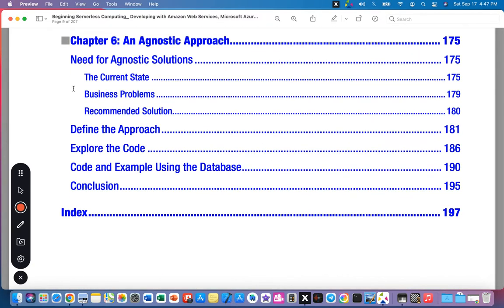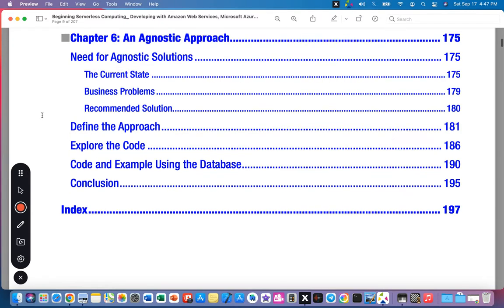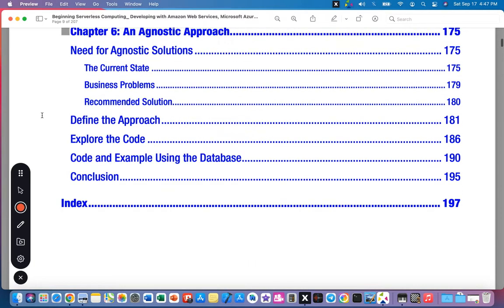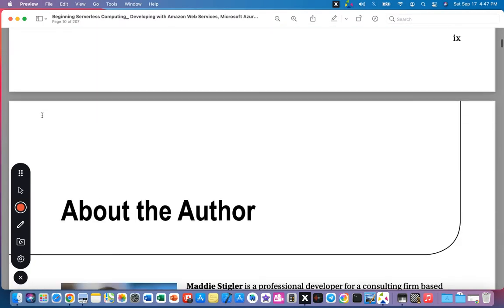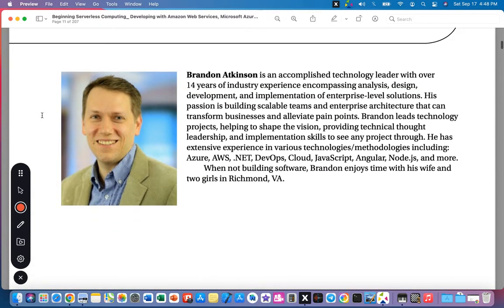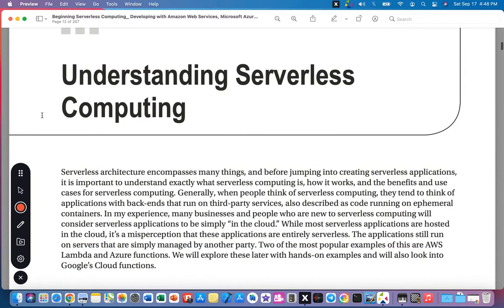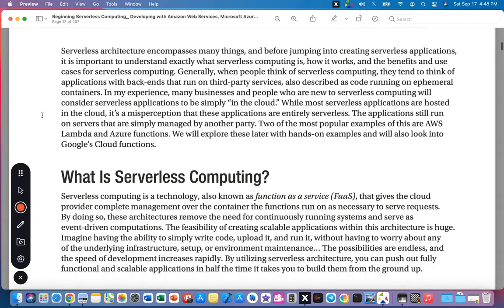And chapter 6 is about an agnostic approach, the need for agnostic solutions. And that's the end of the book. So the book is less than 200 pages. And here's the author, here's the technical reviewer, and chapter 1, understanding serverless computing.